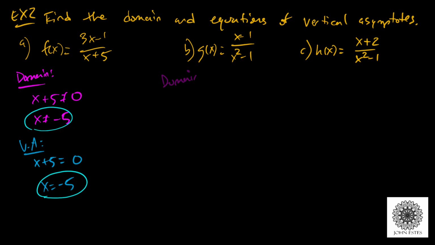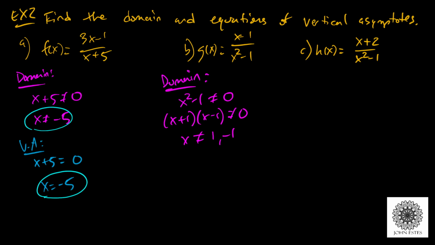Alright, let's try part B. My domain, again, is I'm going to take x squared minus 1 and set it not equal to 0. Now that does factor, so then I get x is not equal to positive 1 and negative 1. Okay, those are things not in my domain. But now notice here, if I did a little bit of work, I could factor g of x in the denominator, again, as x plus 1, x minus 1.